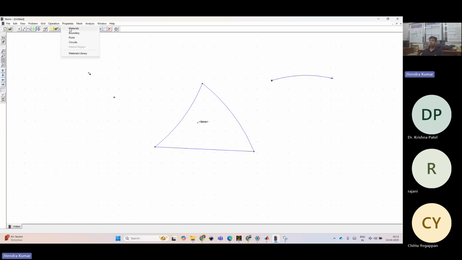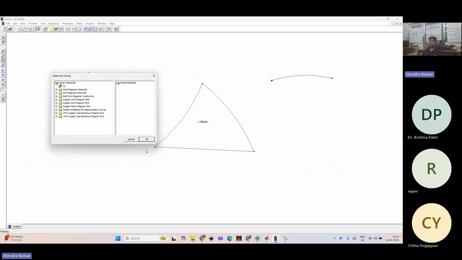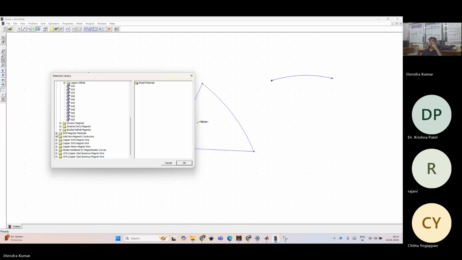So this is a tab where you could add material, boundary, point, circuit, or this is the library which materials are present here. Okay. So these are hard magnetic materials, containing all the permanent magnets, alnico, NdFeB, the grade of alnico, the grade of NdFeB, right? Regarding soft magnetic material, we have different kinds of materials, which means cores.